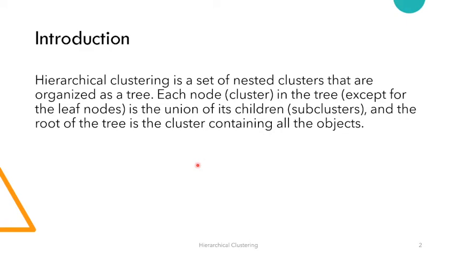This is in contrast with partitional clustering, where we split the data into separate clusters so that there is no overlapping between them. In hierarchical clustering, we represent the clustering in a tree format where each node is a cluster and its children are subclusters, and the leaf nodes are individual data points.